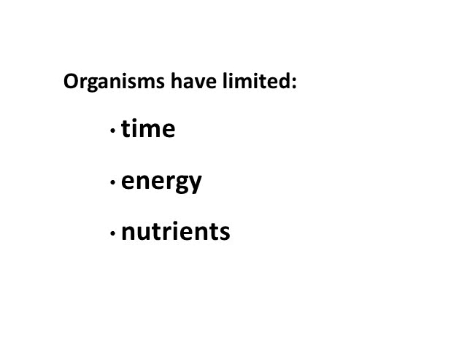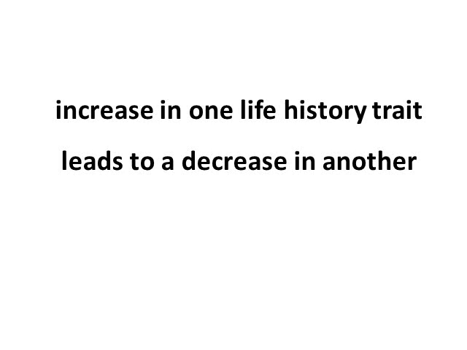In energy, I'm talking more about food energy. And trade-offs, this is basically the definition of a trade-off: an increase in one life history trait leads to a decrease in another. That is the very definition of trade-off. If you're going to increase one aspect of your life history, another aspect has to be decreased because there's limited time, energy, and nutrients.